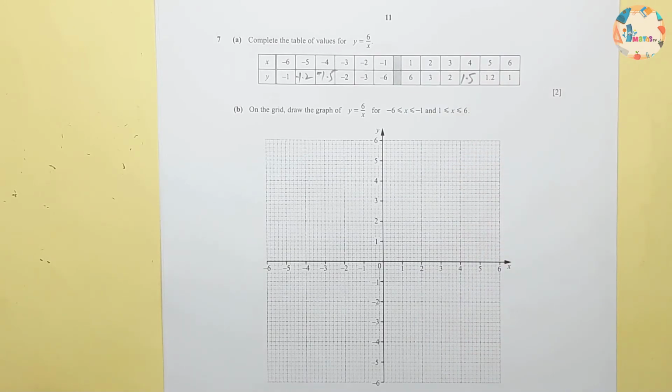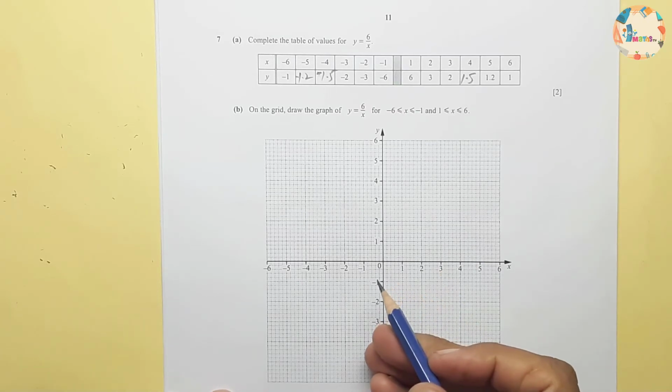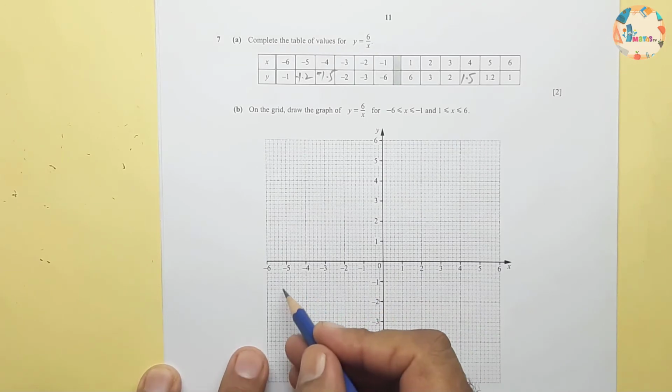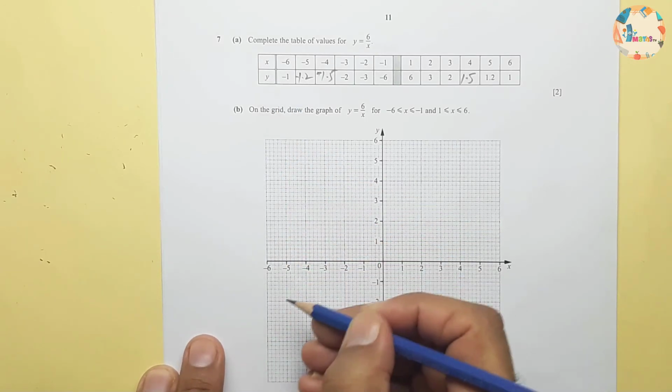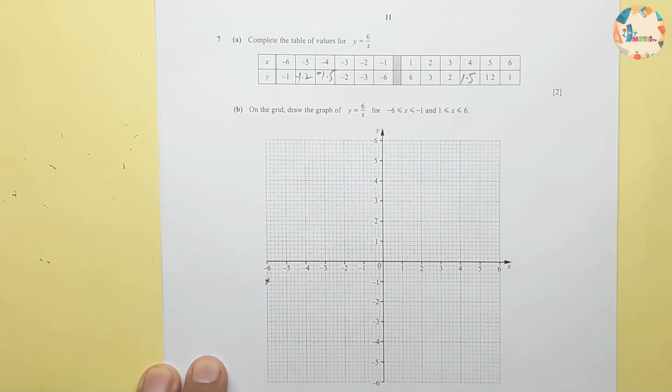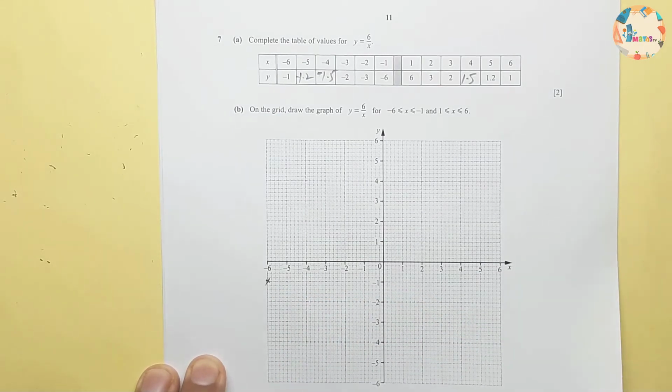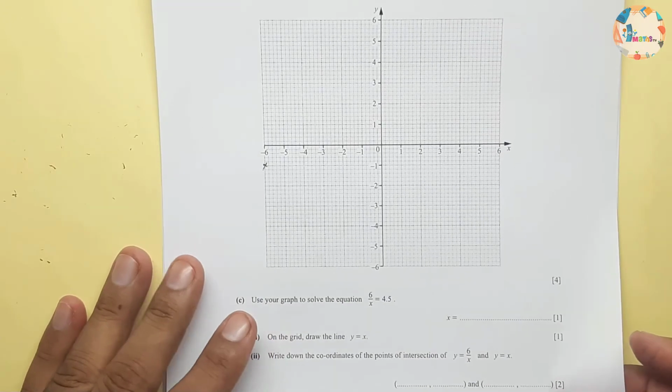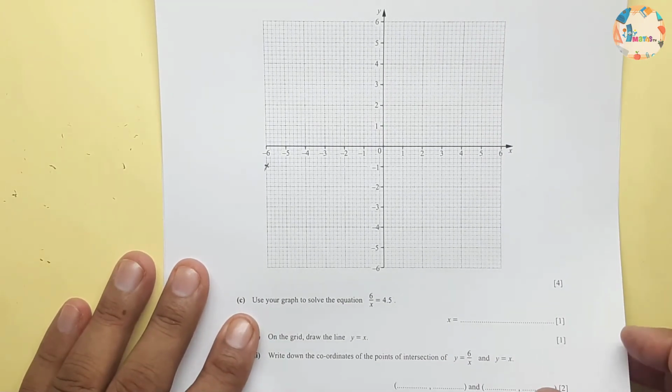Now we have completed the table of values. Next thing is we have to find the points and draw those points on the graph provided. Negative side is this one. So minus 6 and minus 1 will be this point, and hopefully you can see these points as well. I'll try to be as clear as possible.